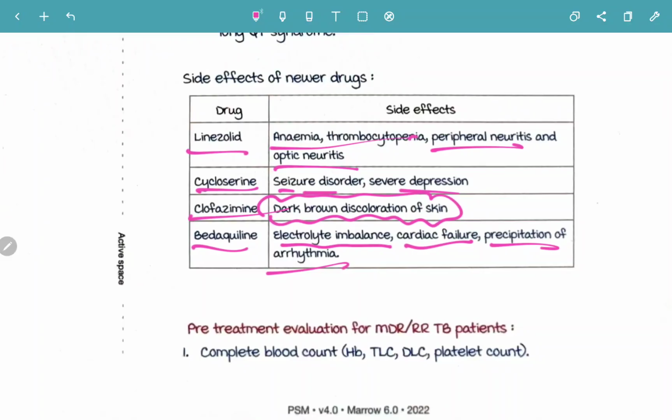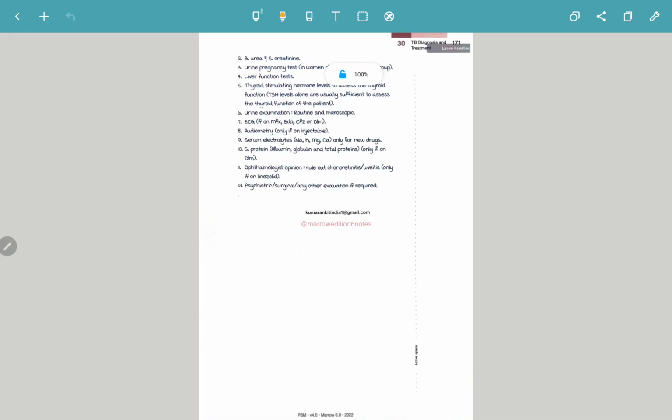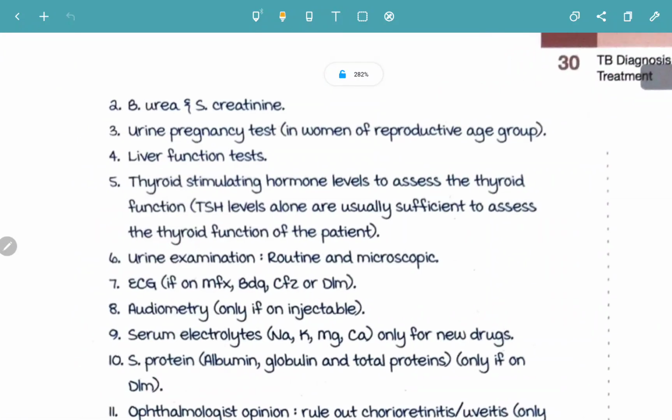What is the pre-treatment evaluation for MDR or rifampicin resistant TB patients? Complete blood count should be done for hemoglobin, TLC, DLC and platelet count, and blood urea and serum creatinine must be done. Then a urine pregnancy test kit should be done in women of reproductive age group, and liver function tests can be done.